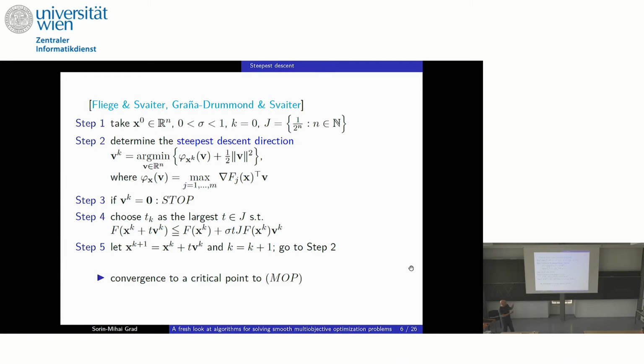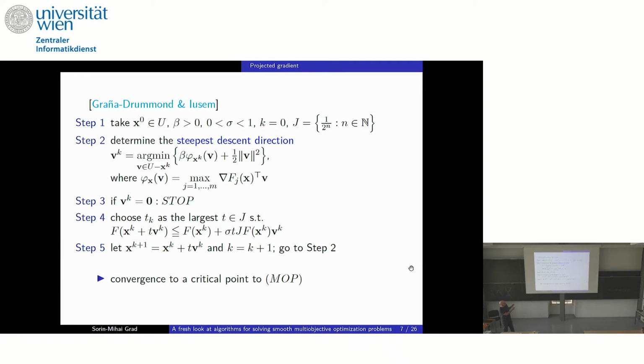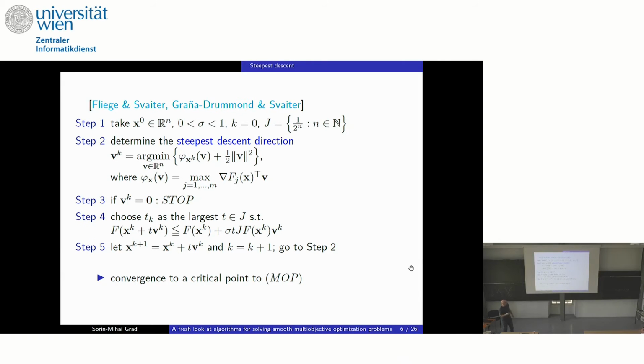However, in their paper, on the next slide, is a projected gradient. So you have a set with a constraint here, and it's a slightly complicated thing. The idea is that the intermediate problems are complicated to solve. They are like min-max quadratic problems. You need some external strange solvers or whatever.